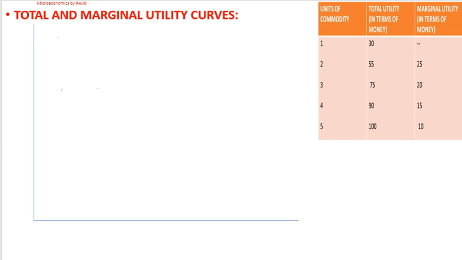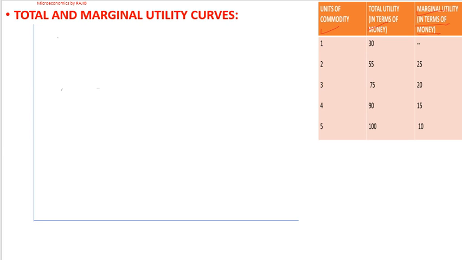So this chart describes the total utility and marginal utility. Look here, these are the units of consumption of the commodity, and this is the total utility in terms of money. That means we are discussing total utility and marginal utility in terms of money, according to the cardinalist economists, and the marginal utility here is in terms of money also.